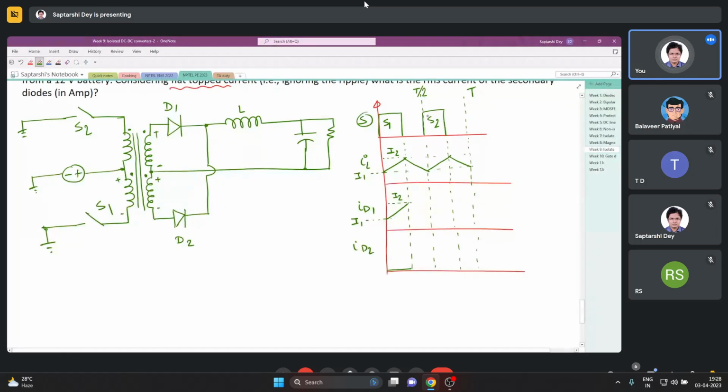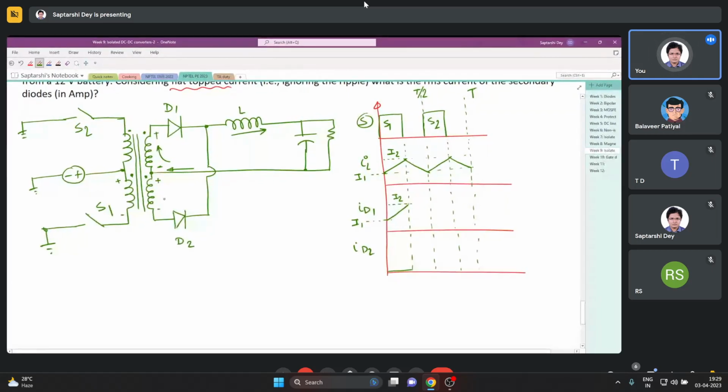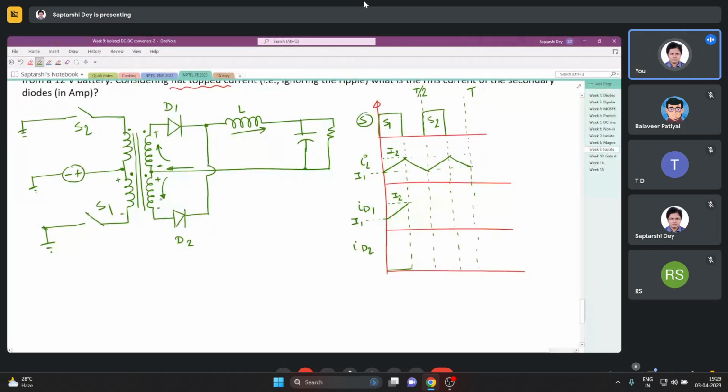Now S1 is turned off, so both the switches are now turned off, so the inductor current will drop. Now how will the inductor current drop? You see, the inductor current will come back here and it will get divided, because both the paths are identical.